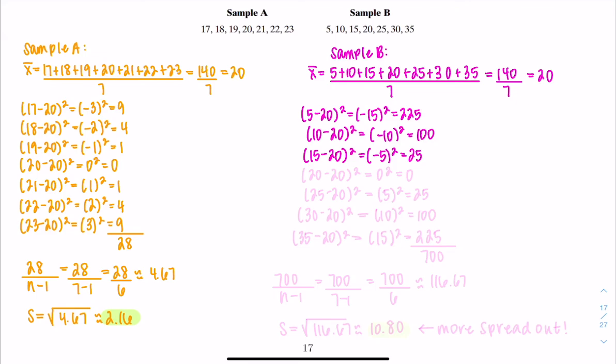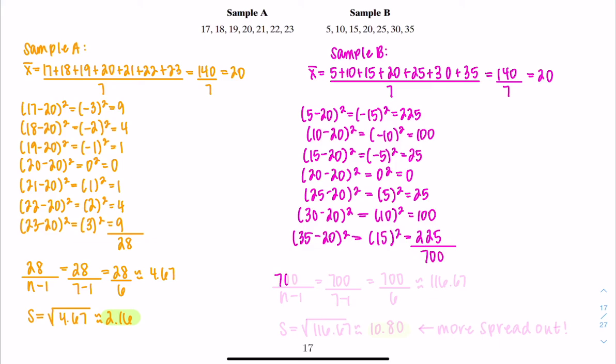And we're going to keep doing this till we reach 35. And then once we've done that, we want to add them all up. And I got 700.